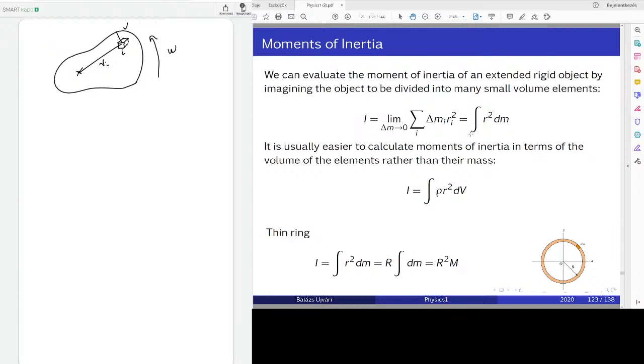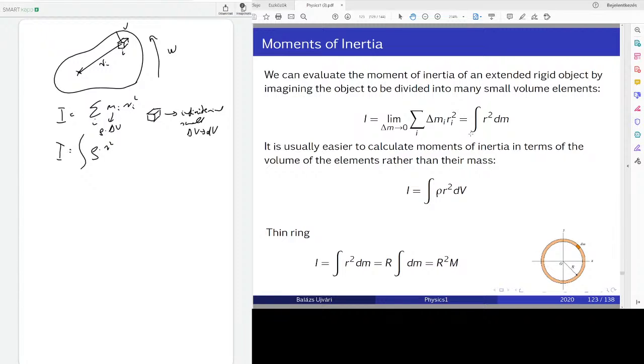This moment of inertia, which is the sum of m_i r_i squared, is nothing else, if the small box goes to an infinitesimal small delta V, than the mass rho times delta V, so it's the integral of rho times r squared dV.